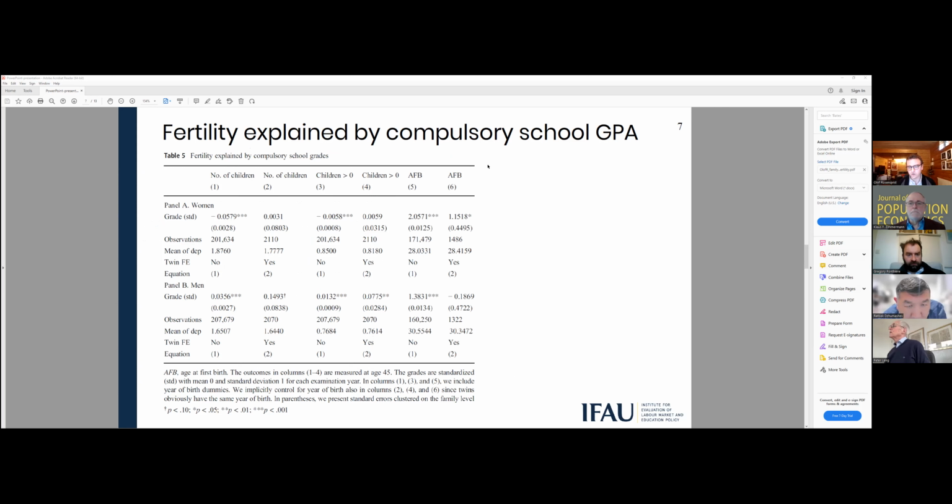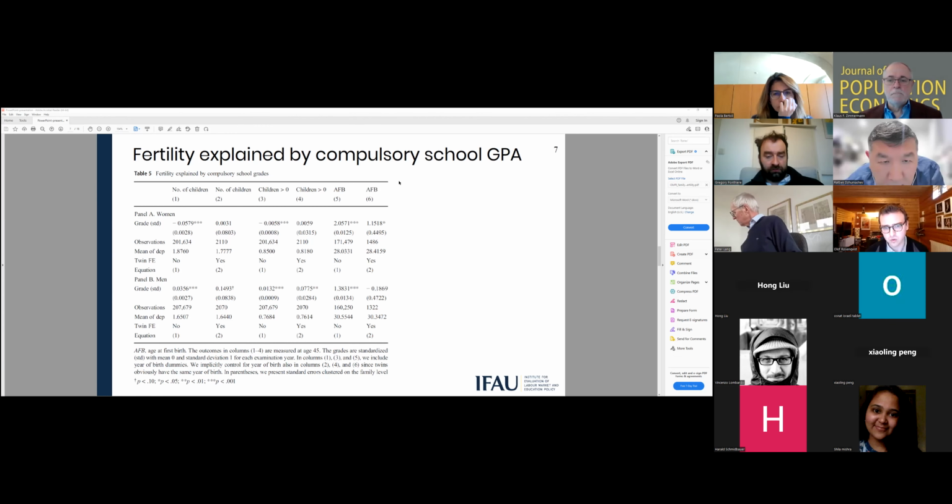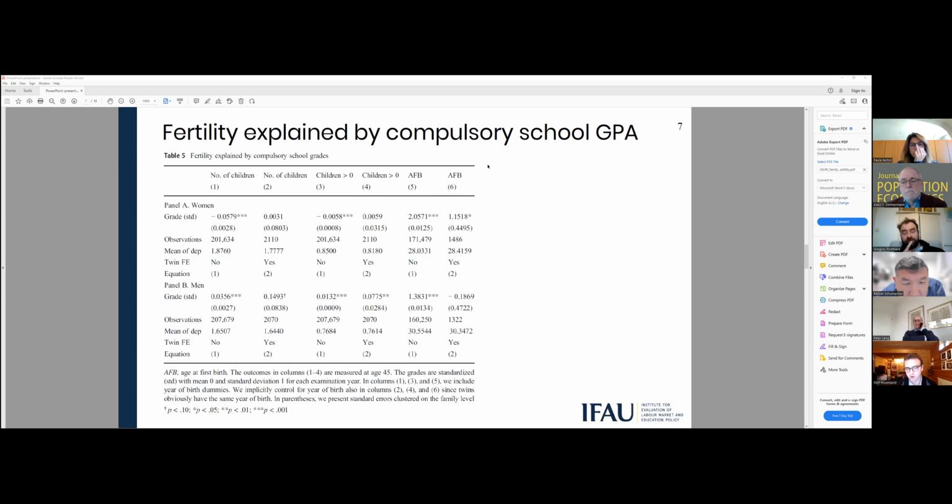Looking at age at first birth, we see first in column 5 in the raw association a pretty significant delay effect of the grades. It's still a little bit of delay in column 6, but again, it gets smaller when we estimate this within the family.